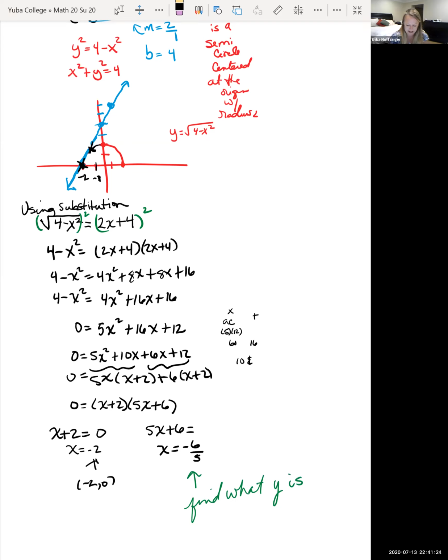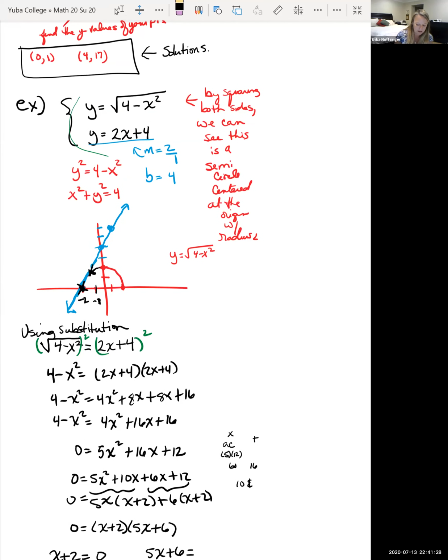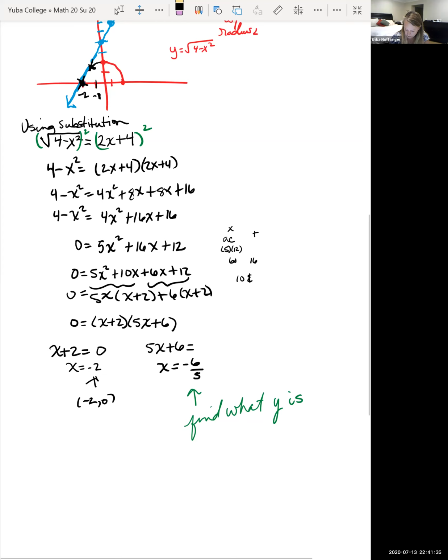Well, I'd go back and determine which equation looks the easiest. To me, that second equation looks easier. y equals 2x plus 4.